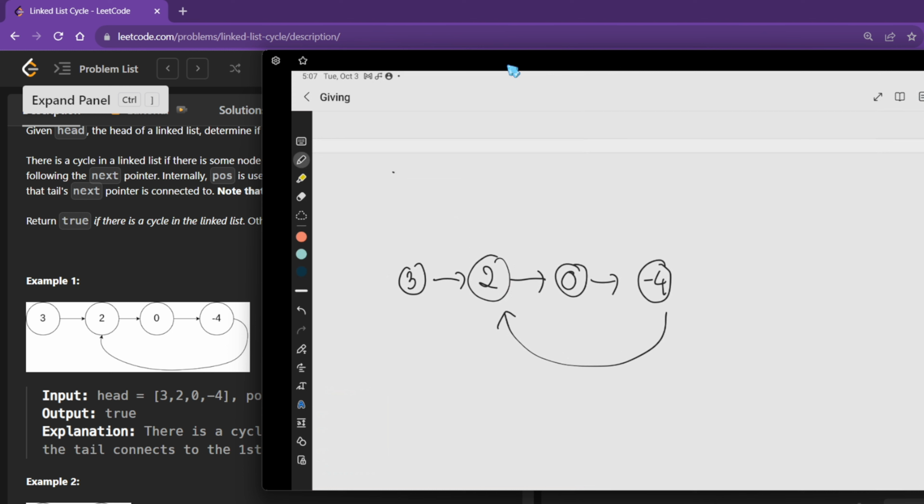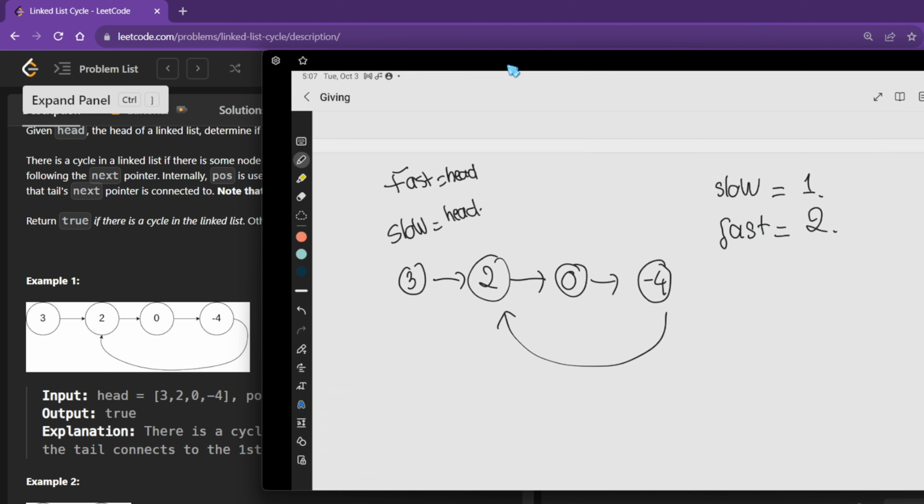So we have a fast pointer at the head and the slow pointer equal to head at first. What's going to happen is the slow one moves one and the fast one moves two.